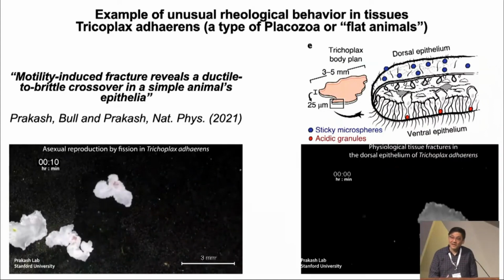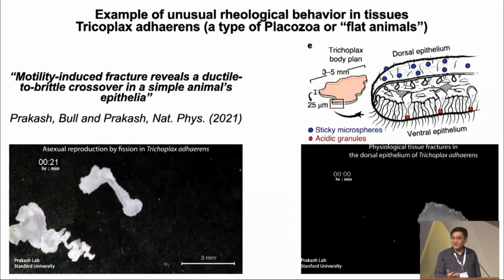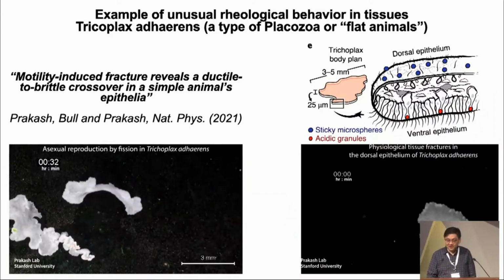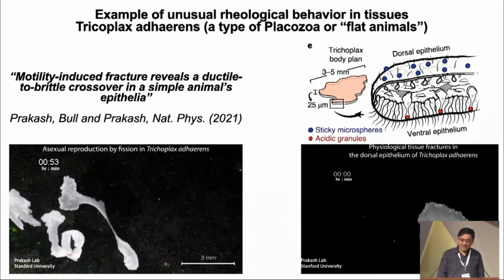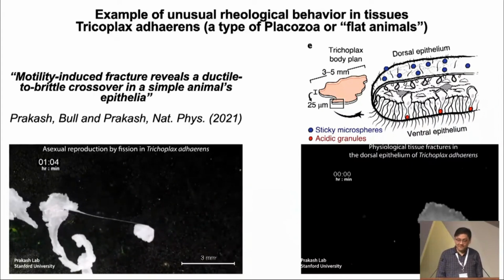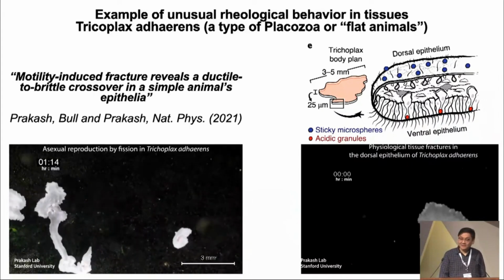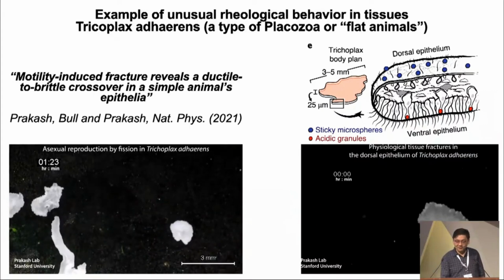And just to give you an extreme example, if you thought the last one was a bit artificial, there's recent work from the group of Prakash at Stanford, where they looked at this simple animal called Trichoplax adhaerens. It's made of only two epithelial layers, and these cells are motile due to having cilia on the bottom.